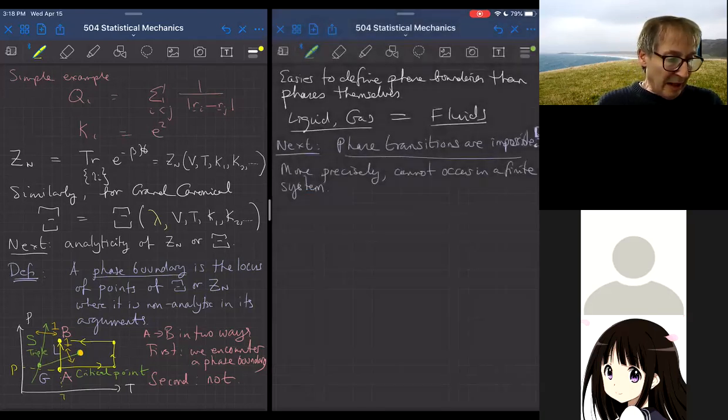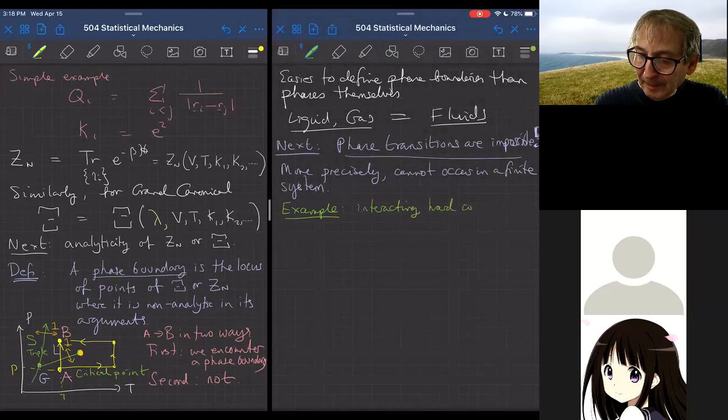So I'm going to take as an example an interacting gas, an interacting hard-core gas. So maybe it has some hard-core radius, and then it has some long-range van der Waals attractive potential or something.